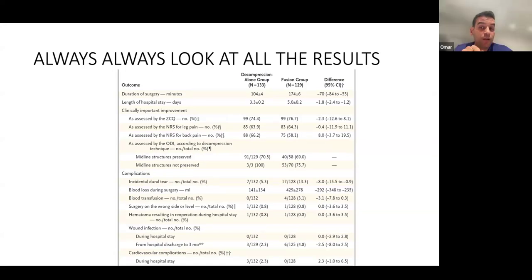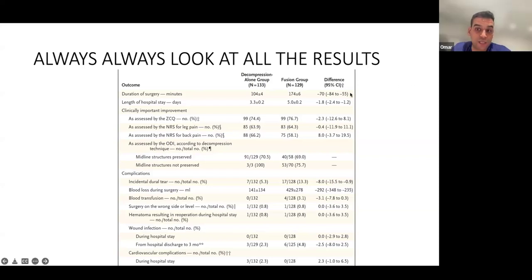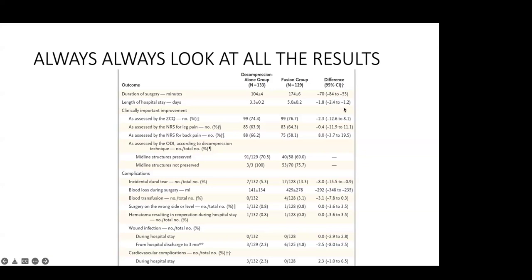Does it cross 1? How does it cross 1? Because this is minus 84 to minus 55, minus 2.4 to minus 2, minus 1.2.